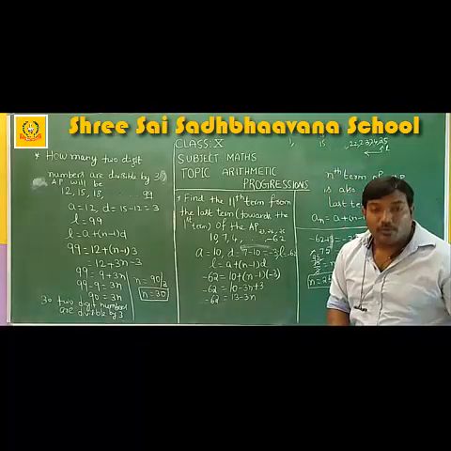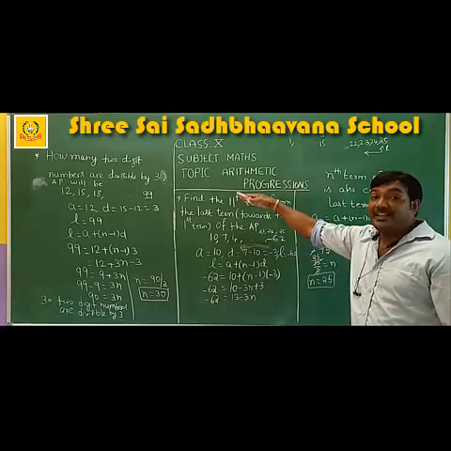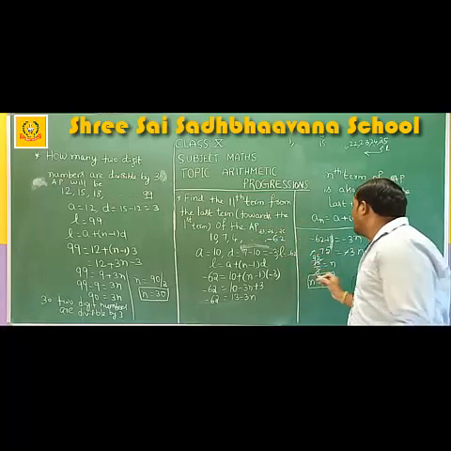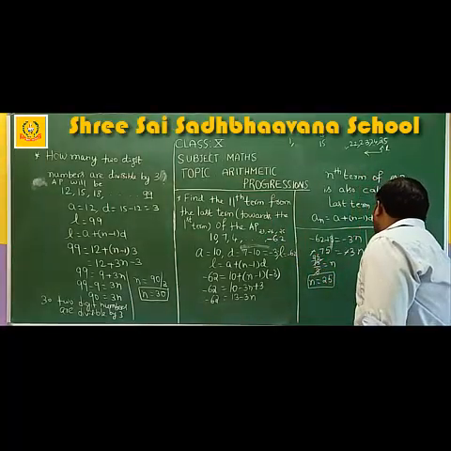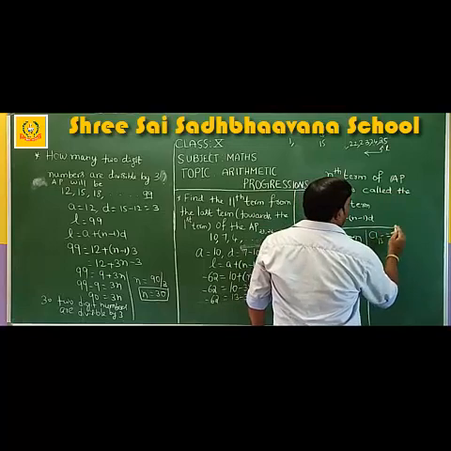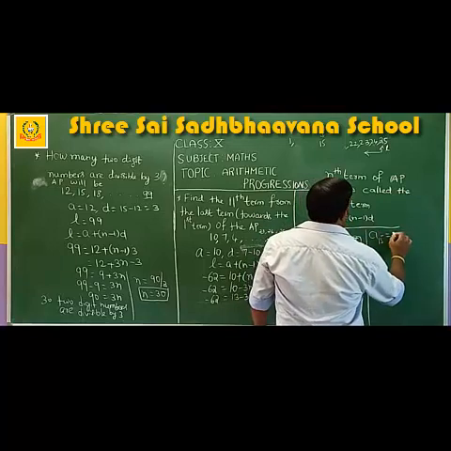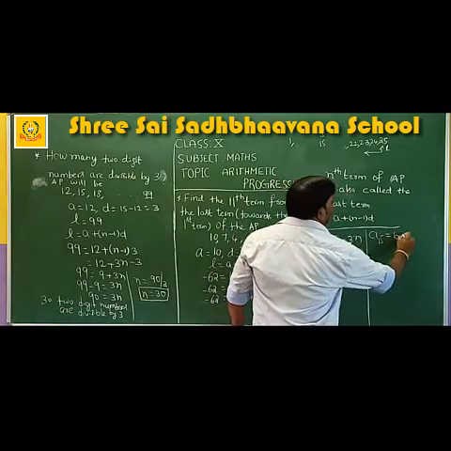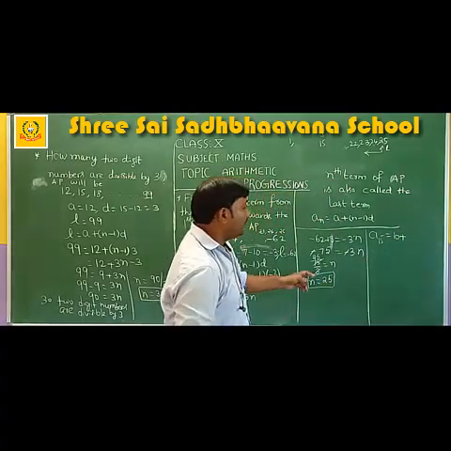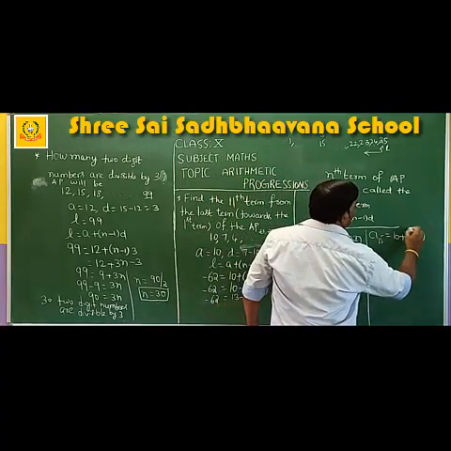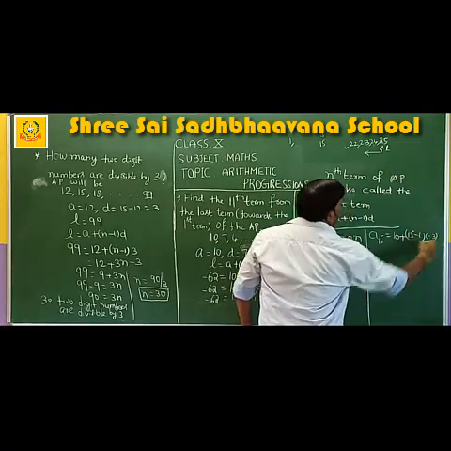So you have to find the 15th term in this sequence. Just find A15. A15 is equal to, substituting the A value, 10 plus, the n value we already know, 15 minus 1, and D is minus 3.